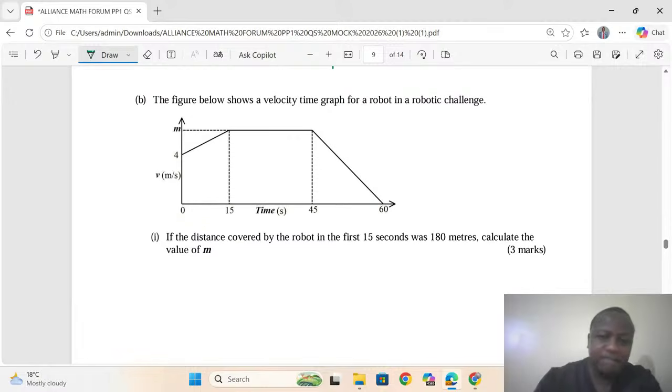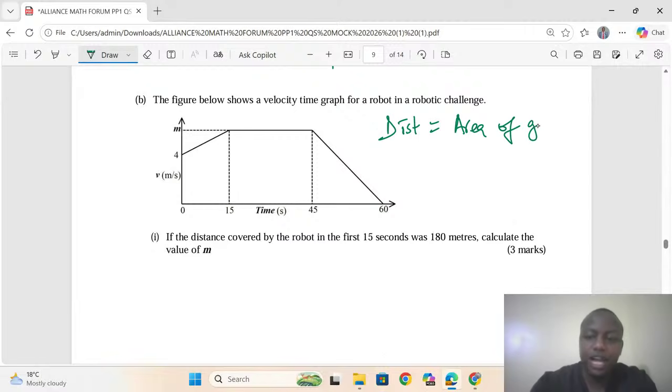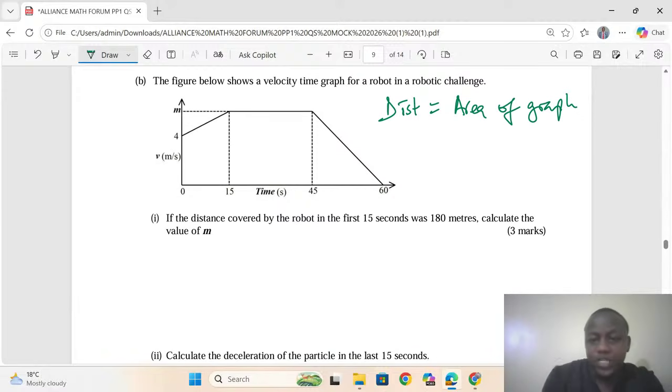Now, distance covered is usually given by the area of the graph. If the graph is a velocity-time graph, the area of the graph gives total distance. So 180 equals the shape covered within 15. It's a trapezium.